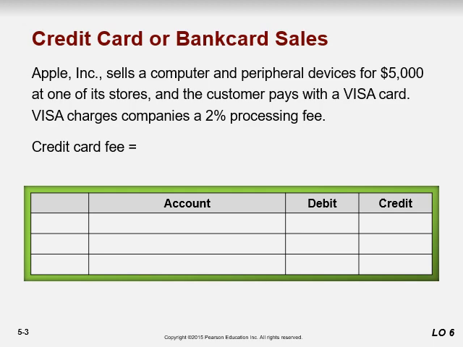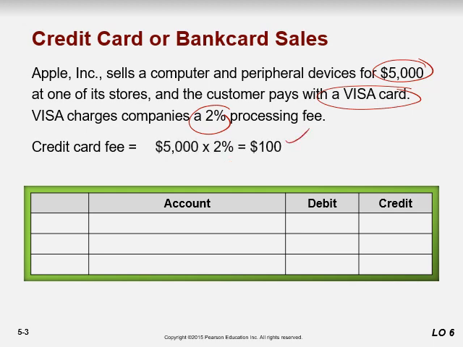So what if you have credit card and bank card sales? We have an illustration here. Apple Incorporation sells computers and peripheral devices worth $5,000 at one of its stores. A customer pays via Visa card. Visa charges the company 2% processing fees. How much is 2%? $100.